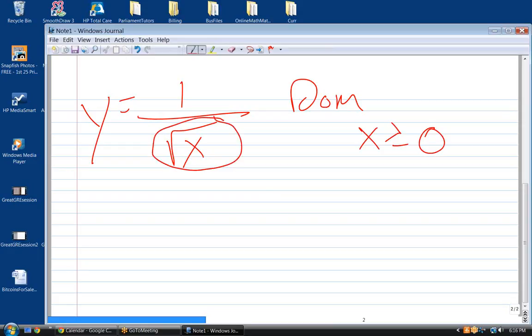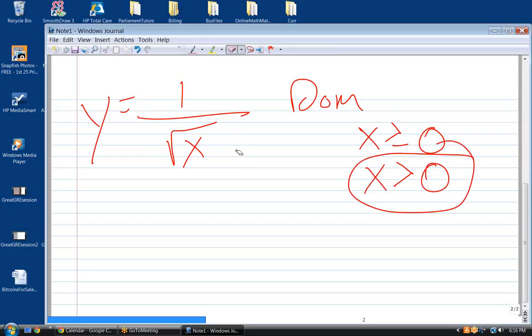So can it be equal to 0? No. No, it's got to be x is greater than 0 only. That's the domain. Right. In other words, you have to look for how x is restricted. And sometimes it's multiple restricted. In this case, it's multiple restriction.